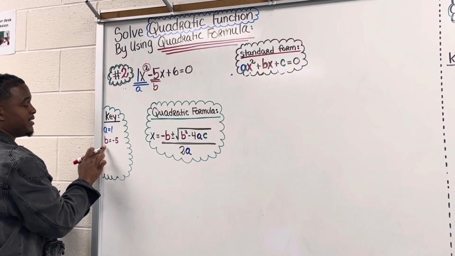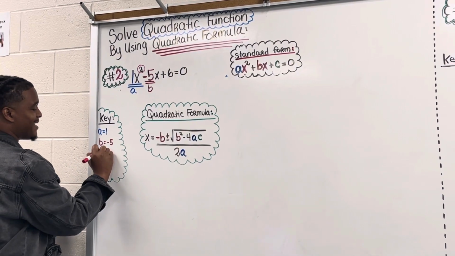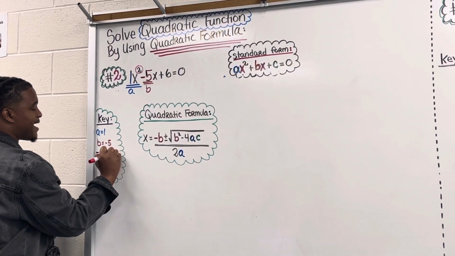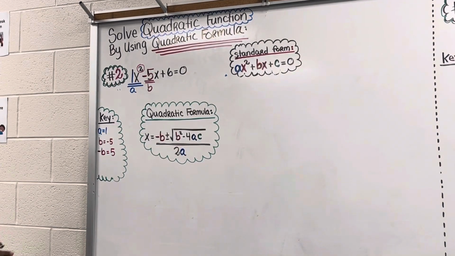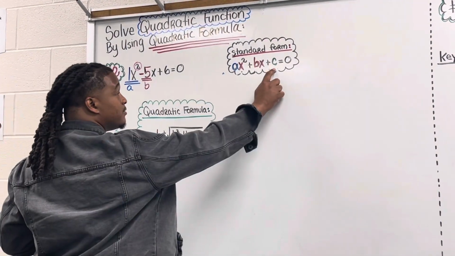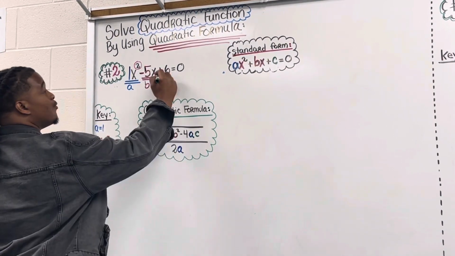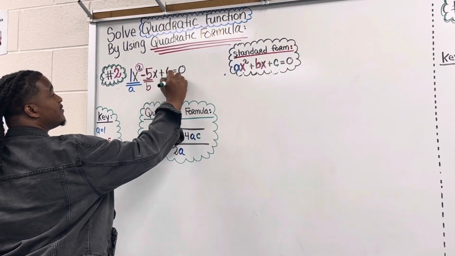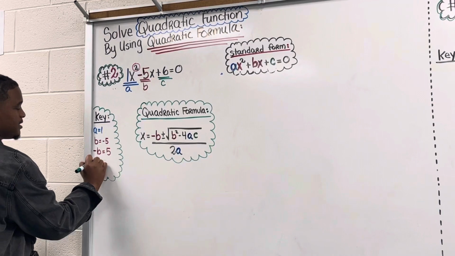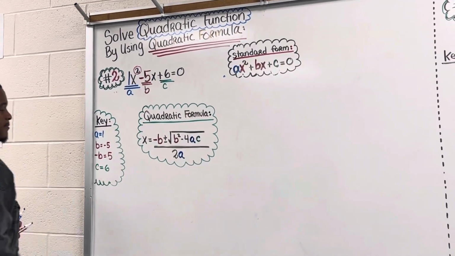So if positive b is -5, then negative b is positive 5, okay? And then we do have one constant that we label as c, and that constant in this particular case will be a positive 6. So c is positive 6, okay?